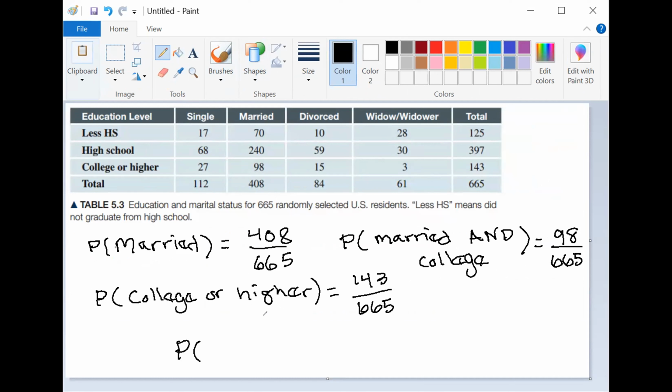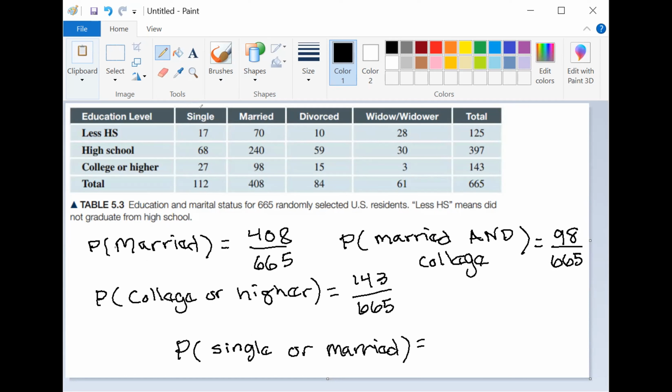Single or married. Okay. So I didn't do what I expected, which is married or college. Maybe coming back to that. So single or married.